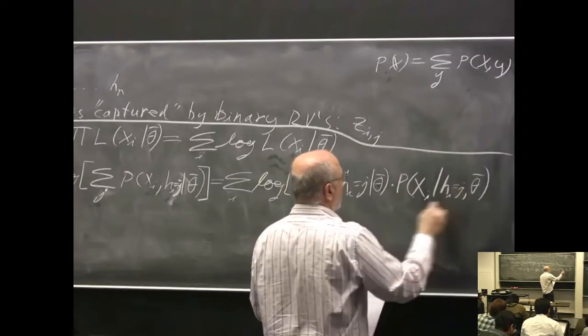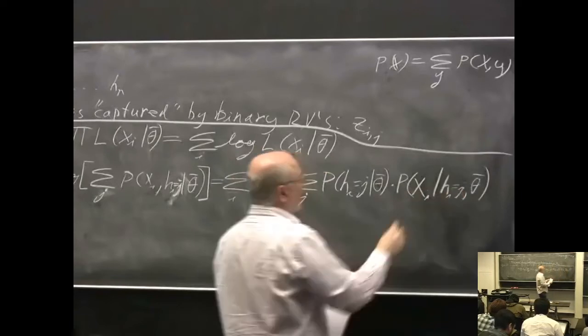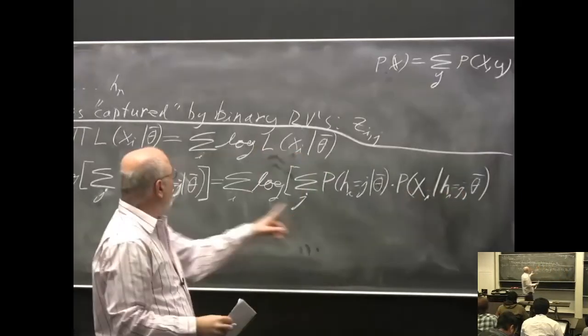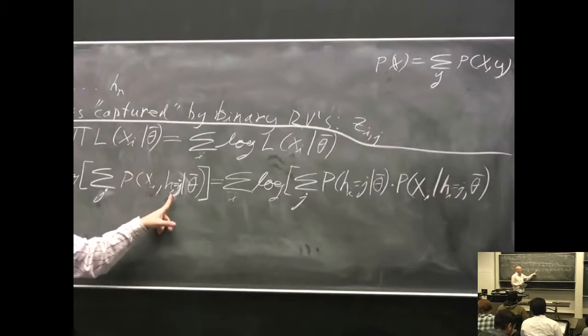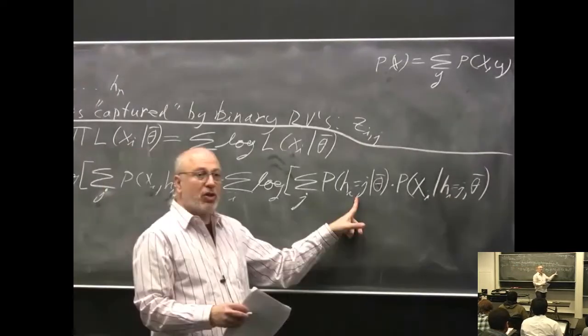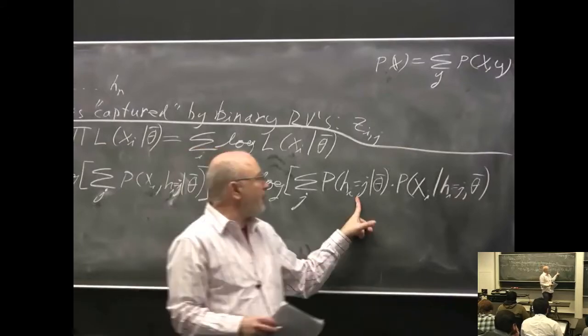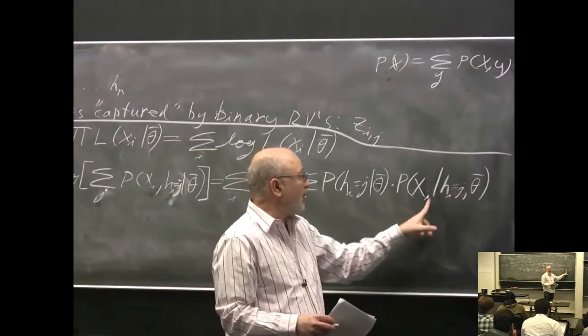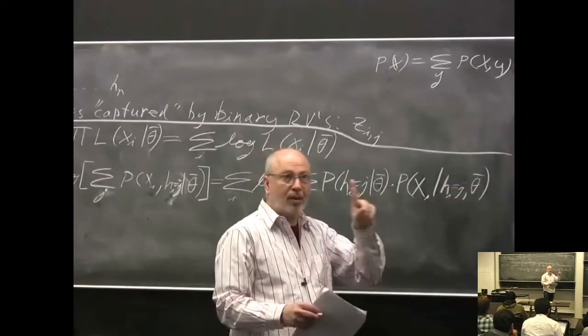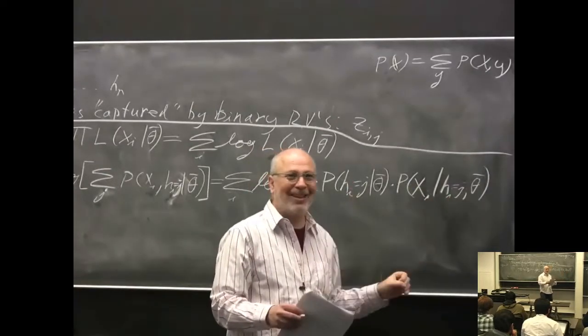So the theta is present everywhere, but I broke down the joint probability of x and h to the probability of h times the probability of x given h. I hope I did it in the right order. You tell me. I think I did.